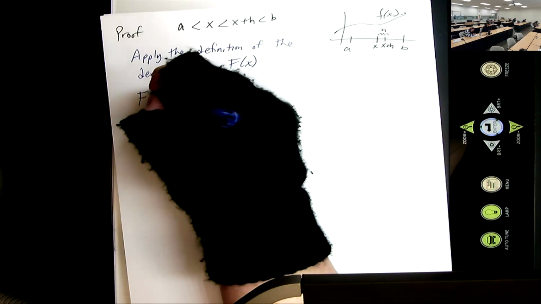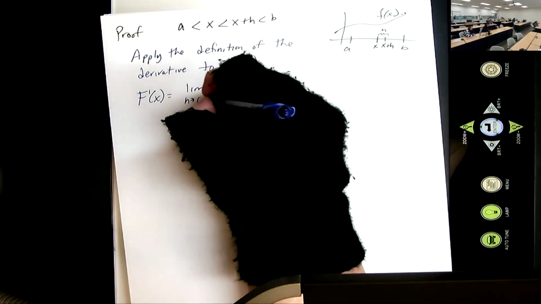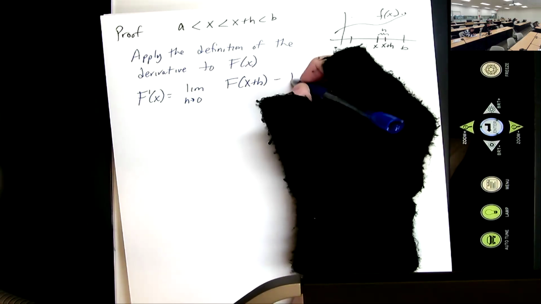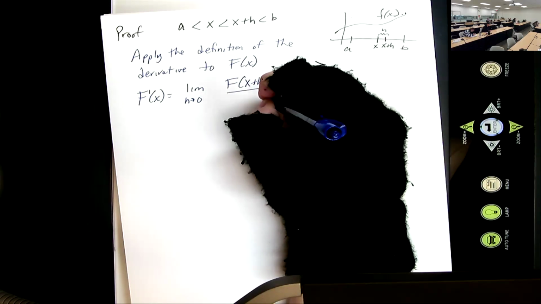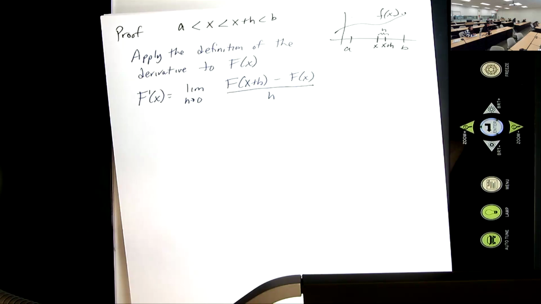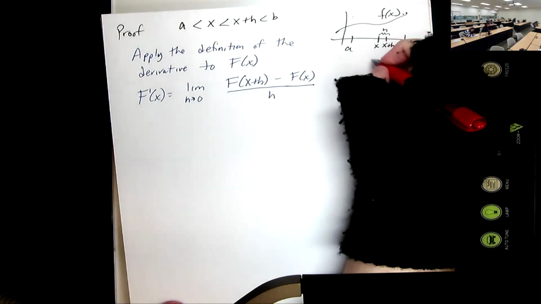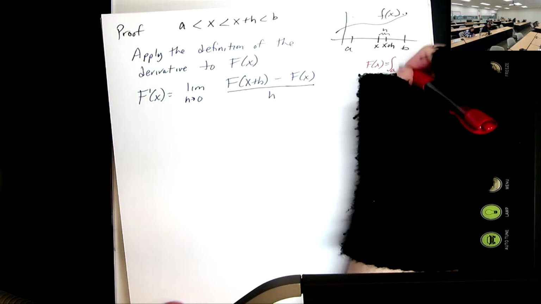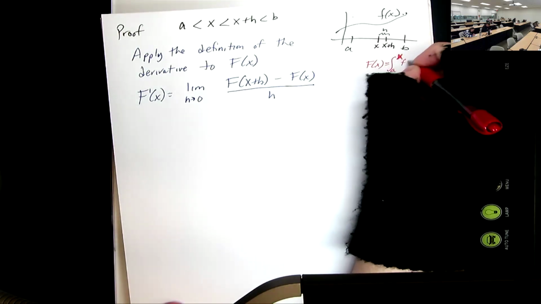So F prime of x equals the limit as h goes to 0 of big F of x plus h minus big F of x, over h. And I want that. I'm going to write what that was over here, the integral from a to x of f of t dt.